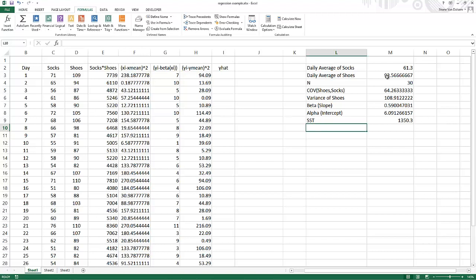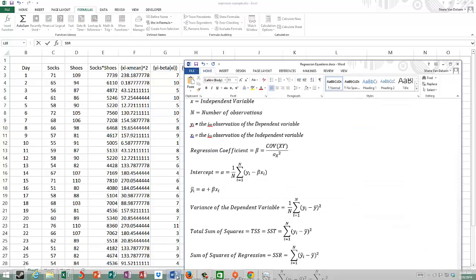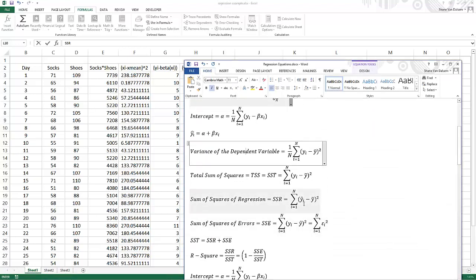The next thing we want to calculate is the SSR, or the sum of squares of the regression. And the calculation for that is the sum of the predicted y in each case, which is yi hat, minus the mean y, or the average y, squared.